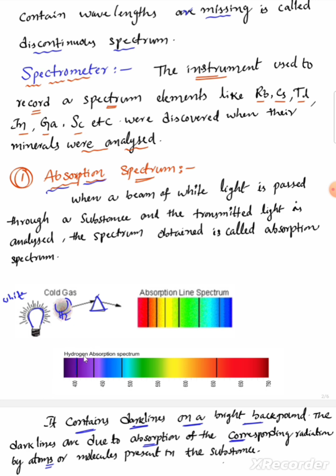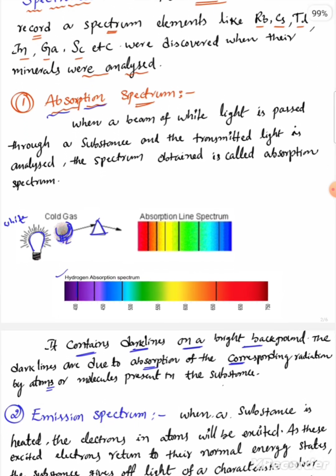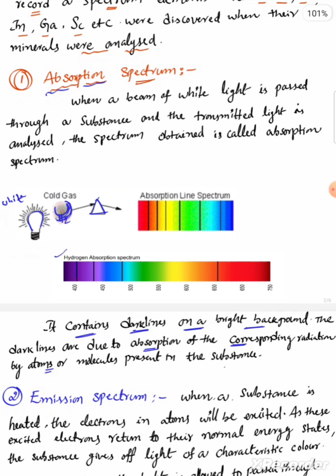Some wavelengths are absorbed by the substance. For example, with hydrogen, 4 wavelengths are missing here, absorbed by hydrogen. We will study later which wavelengths are absorbed.